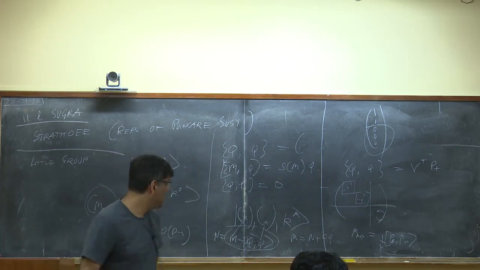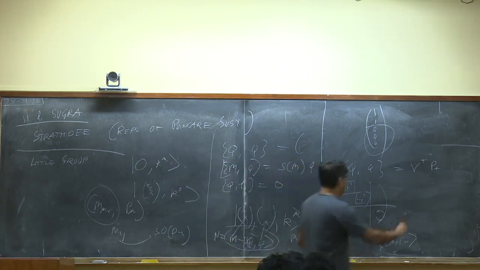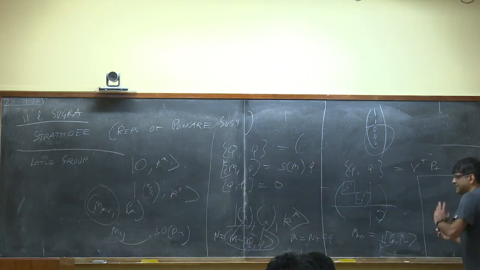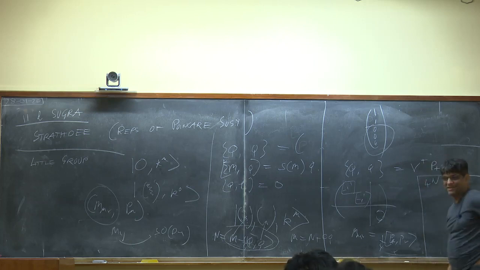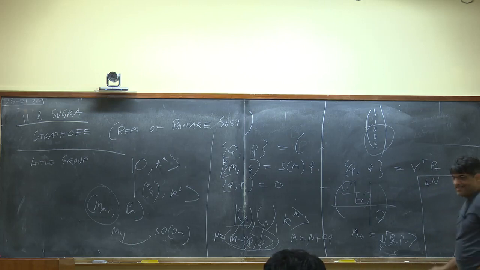Okay? So now, if we're dealing with massless particles, and I'll stick to that because that's what we're dealing with in studying supergravity, if we've got a theory with 4n supersymmetries, then effectively it's like having 2n oscillators.